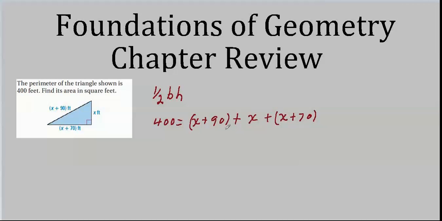So if we rearrange all this, what do we got here? 1, 2, 3 x's. And we got 90 plus 70, which I think is about 160. That equals 400. So, first thing we should do is subtract 160 from each side, and it'll give us 240.